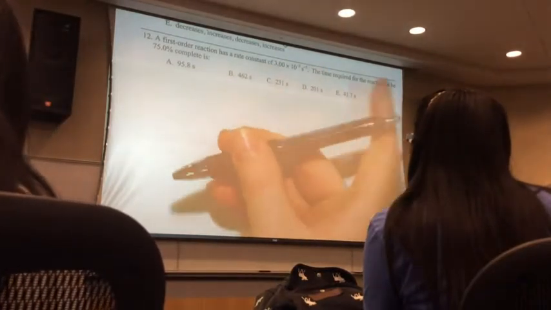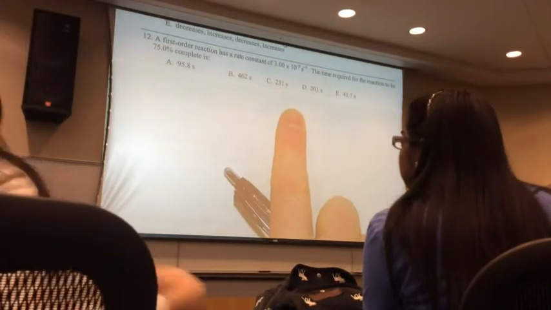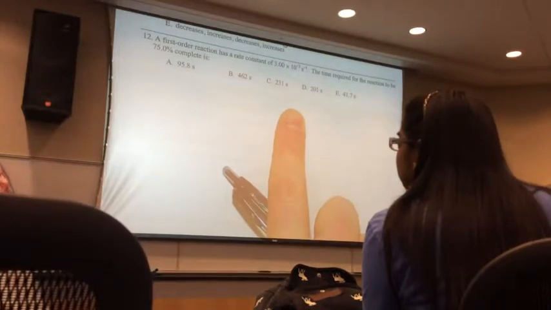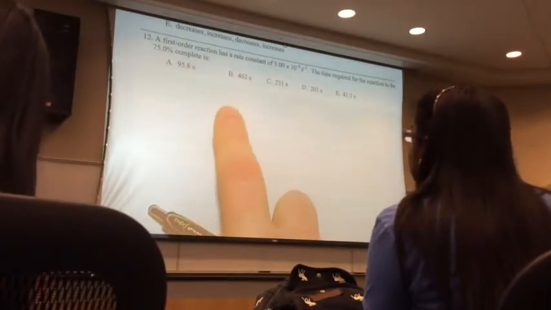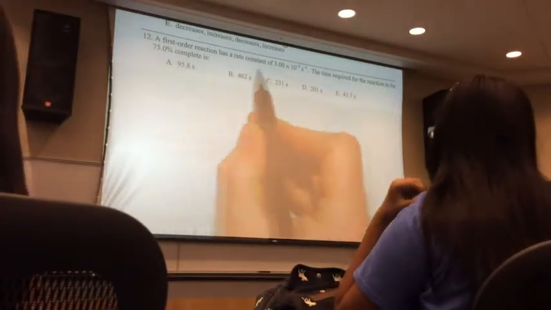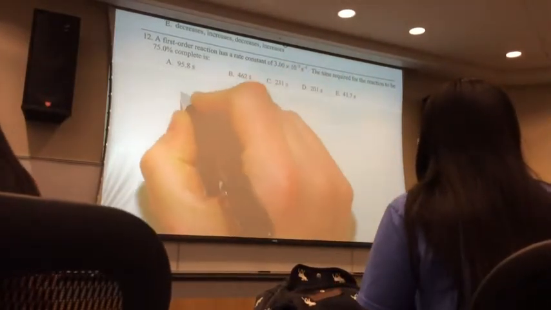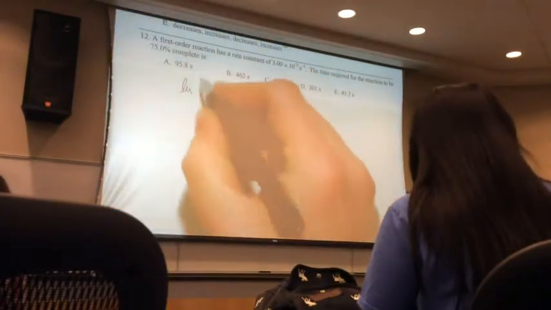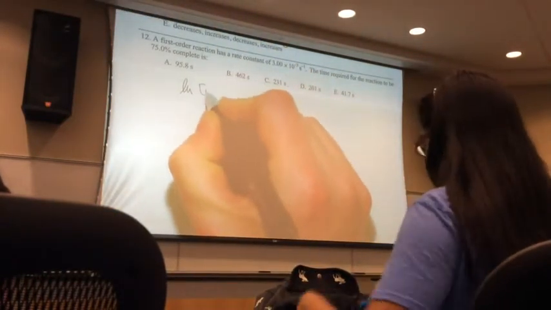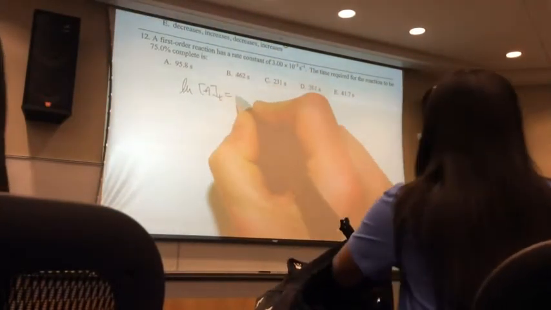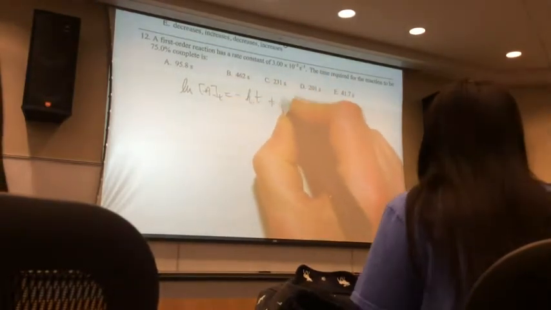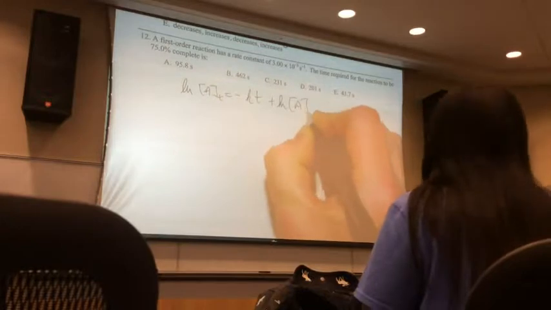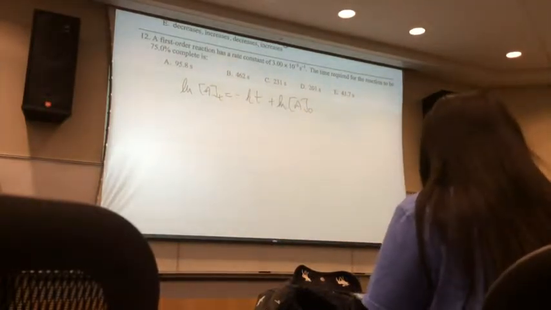We don't give you a concentration, but by giving you this percentage, we've effectively given you both concentrations. So for first order, one way to do this is the natural log of A at time t equals minus kt plus the natural log of A at time 0.